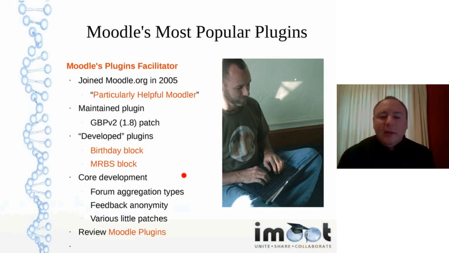Then there were some things in Moodle core that I thought I would like to see changed. One was in the forums, the way that the ratings were aggregated or pulled together. When I started with Moodle, it was simply the average. And I thought, well, with my students, I would really prefer that every once in a while I'd be able to use a max or a min or add the ratings together up to a certain maximum score.